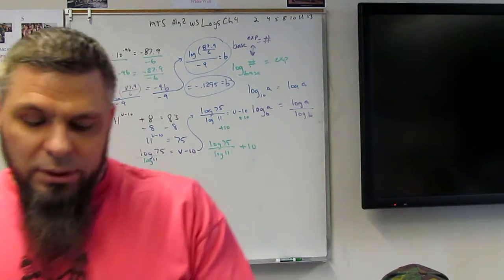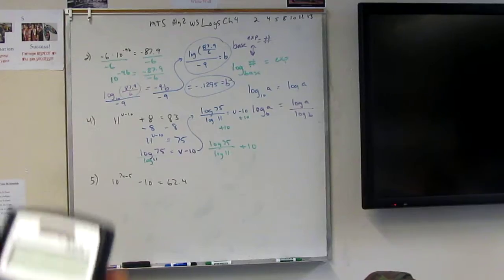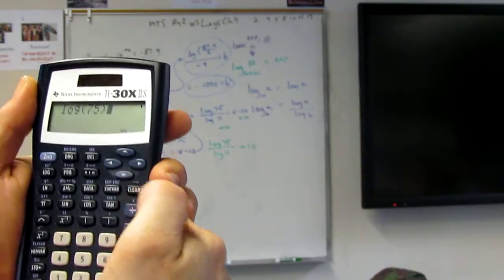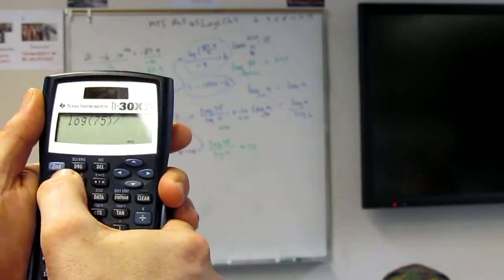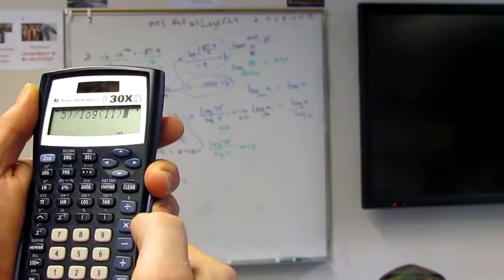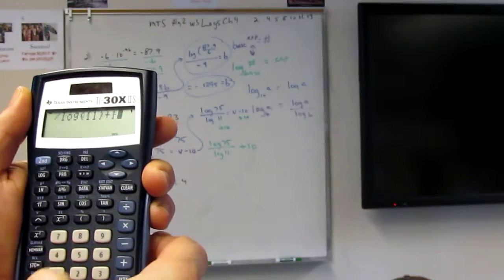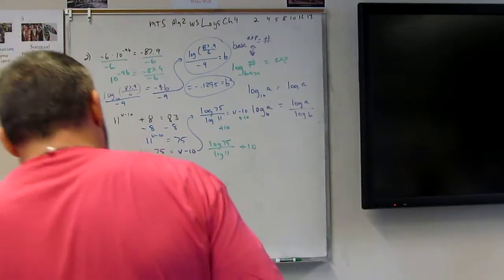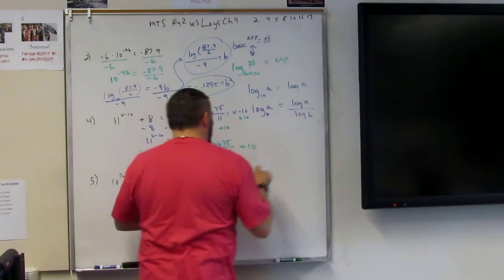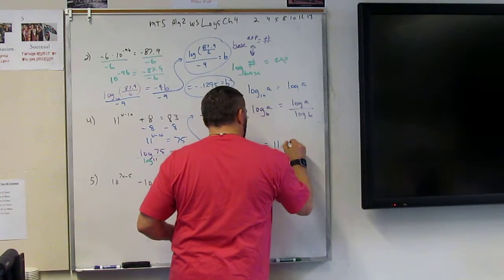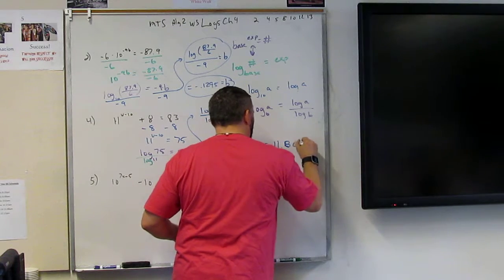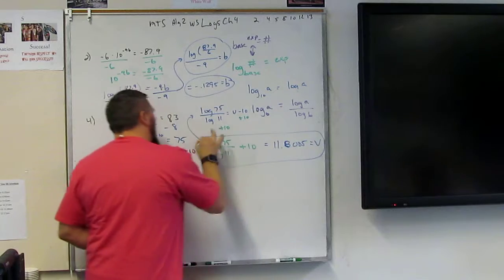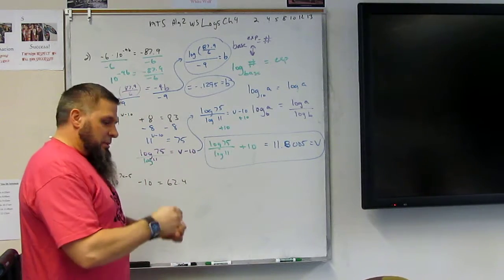So I can plug in log 75 in the parentheses divided by log 11 in the parentheses and then add 10. And that should equal 11.8005. And that's what v is. And I want both answers.